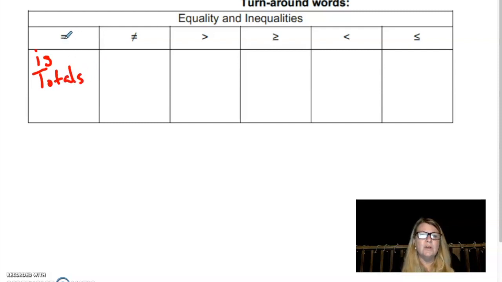So if we see those words, we know we're going to be using an equal to sign. And of course, if it says equals, of course that would be one. This would be not equal to.